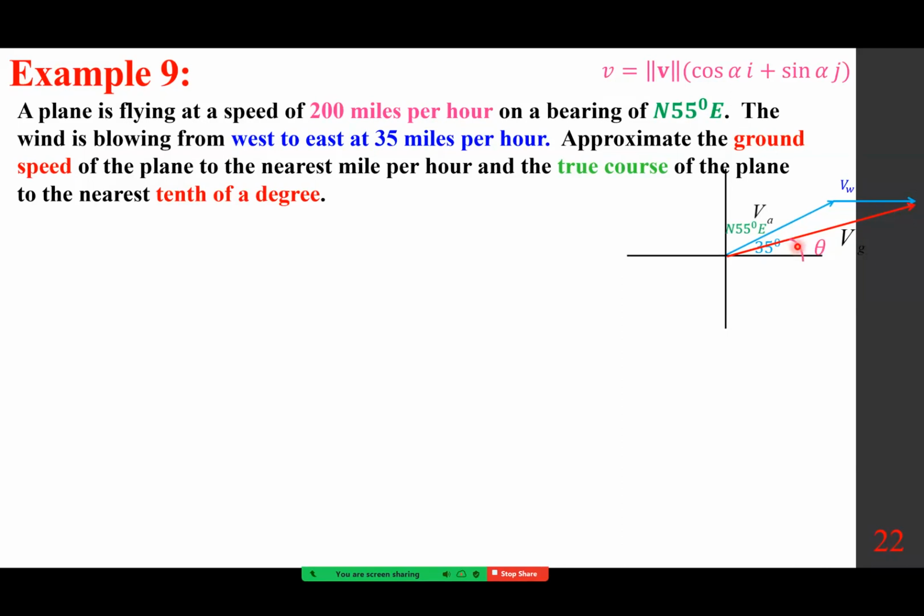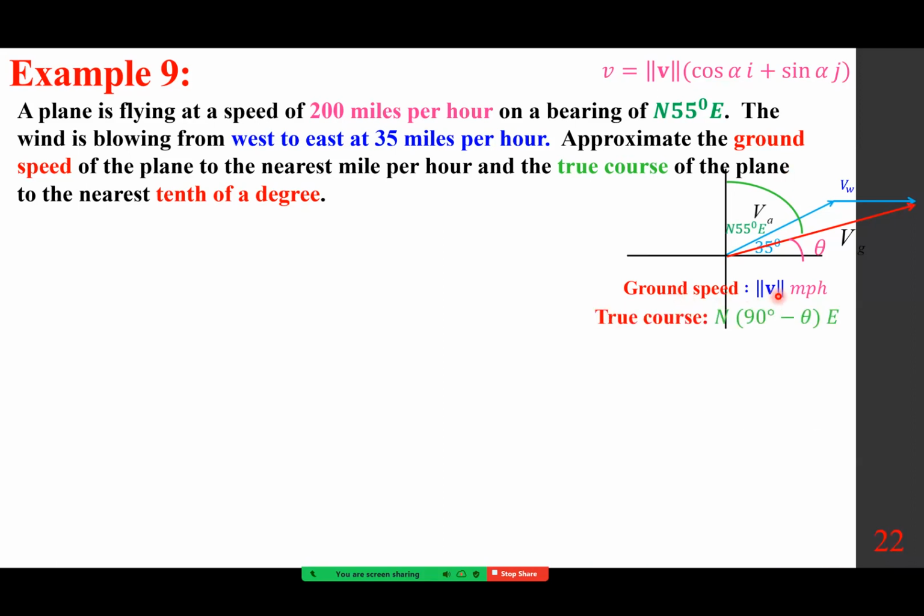This is angle theta. This angle represents the true course. We are going this way.